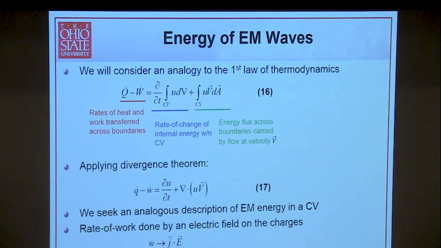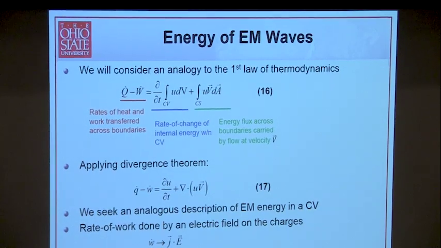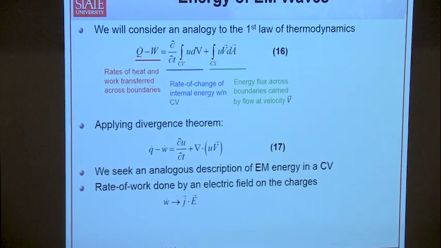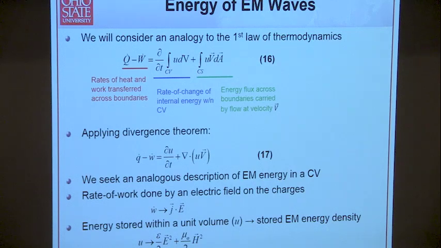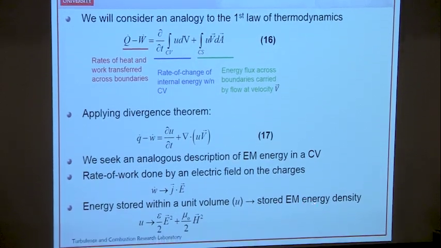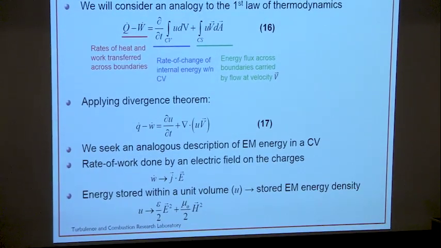We're going to assume that we have an adiabatic system. So let's forget about that. But now we have the rate of work done by the electric field, which is J dot E. That's the work done by the electric field on the charges. The analog to the internal energy, which is the energy stored within a unit volume, is what we refer to as the stored electromagnetic energy density.